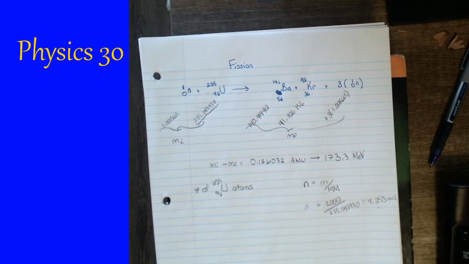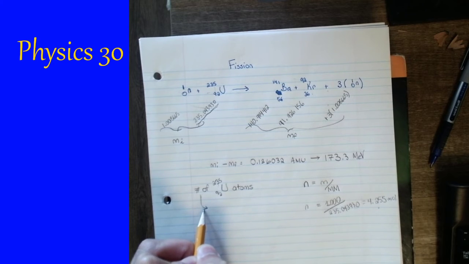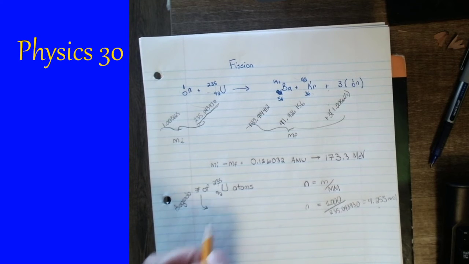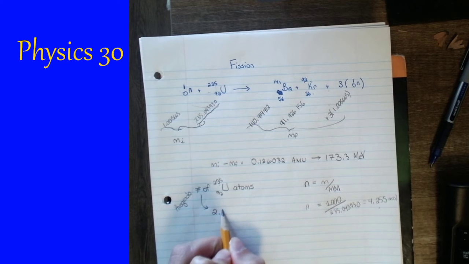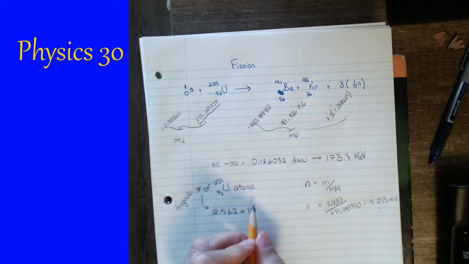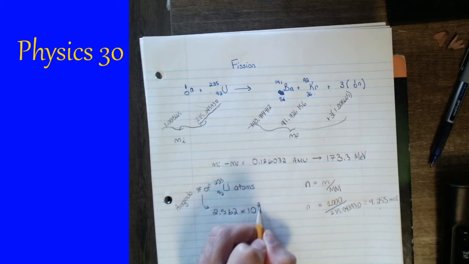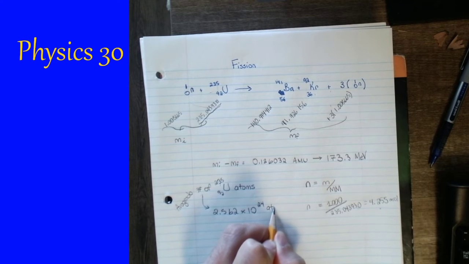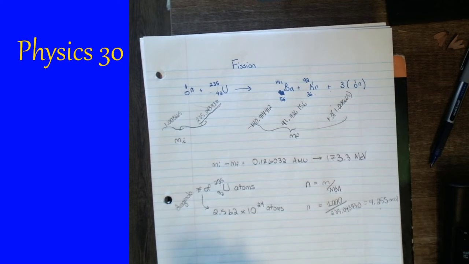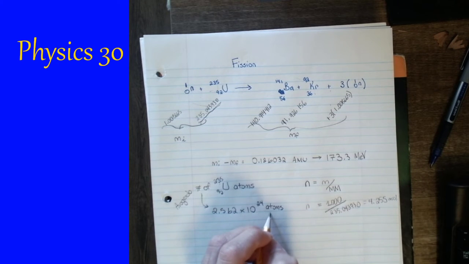And so I end up with the number of atoms, through Avogadro's number, for our 4.255 moles, of 2.562 times 10 to the 24 atoms.